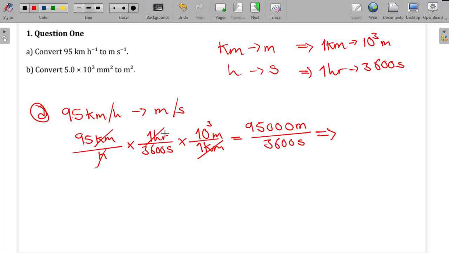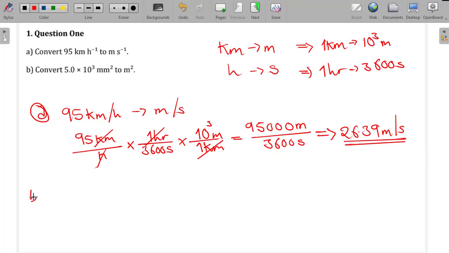So what is going to be the final answer? Okay, so I'm getting 26.39 meters per second. So this is our conversion in this particular case. As simple as that. That is part A.